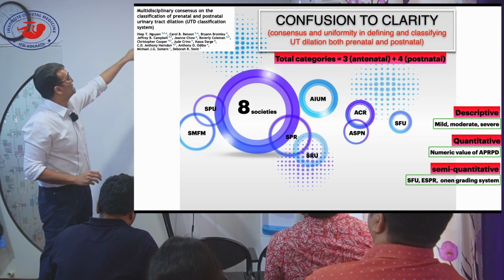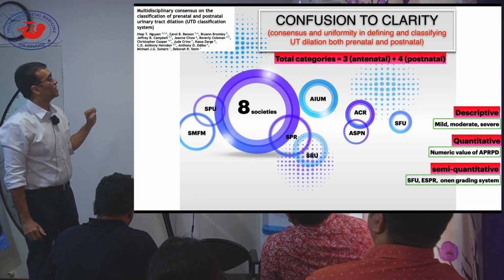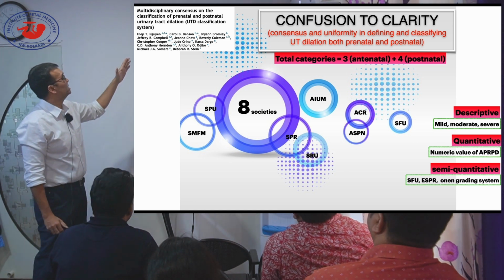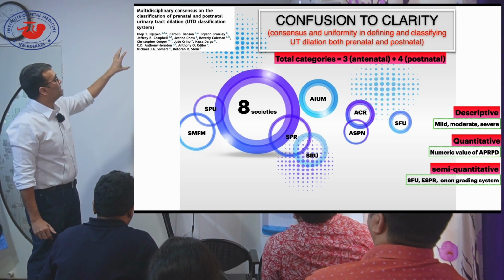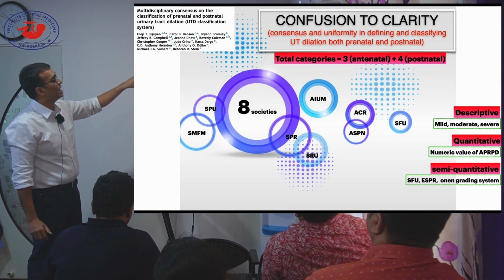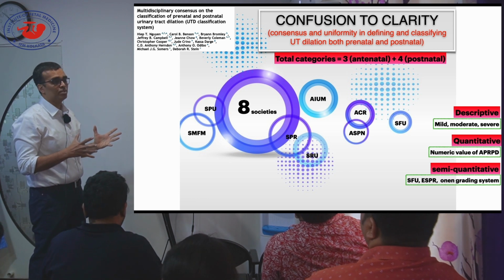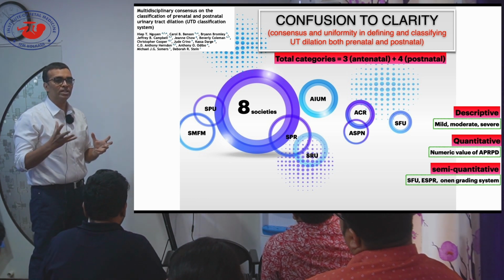Now this, you read this paper, multidisciplinary consensus on the classification of the prenatal and postnatal UTD. When we talk about multidisciplinary consensus, this was basically aimed to sort out all the different confusions which were happening regarding urinary tract dilatation.